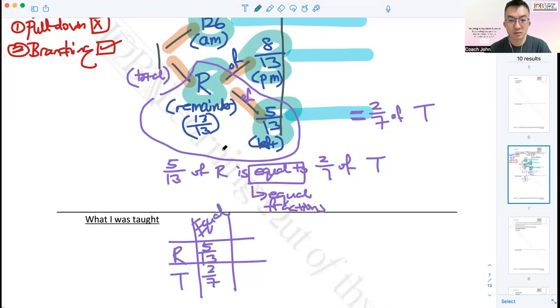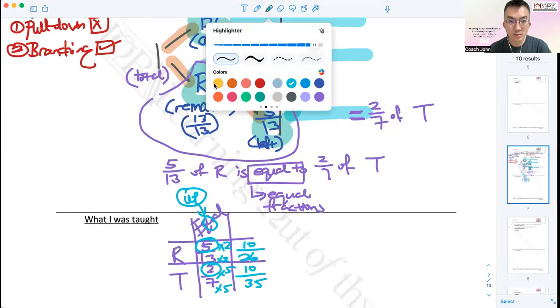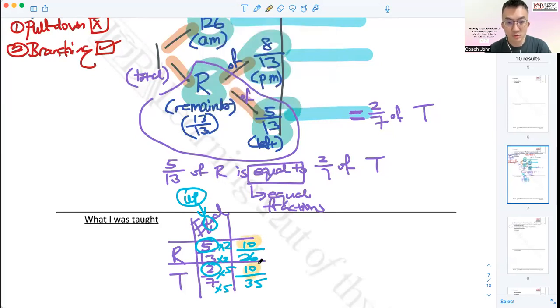So in this case, this is to remind you, you have to make numerators the same. So you have times 2 to get 10 over 26, and times 5 to get 10 over 35. And you can see right here, the numerators are the same. So this is also saying 10 out of 26 of R.